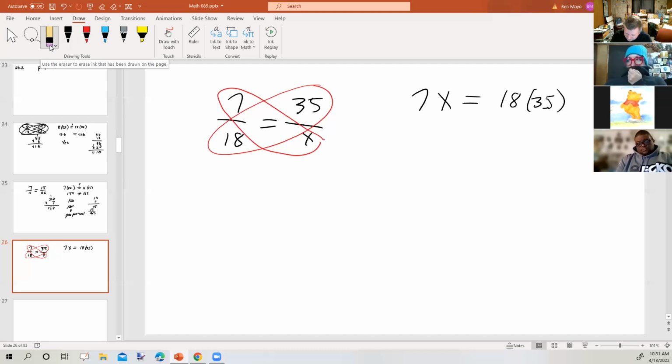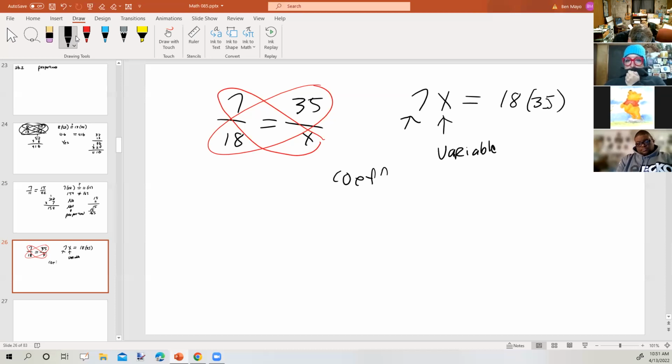So this is the variable, and this number is called the coefficient of the variable, or specifically in this case, the coefficient of x. So x is the unknown. The 7 tells us how many of x we have. So 7 is called the coefficient of the variable. All right. Any questions about that?